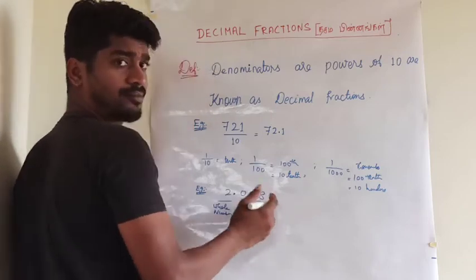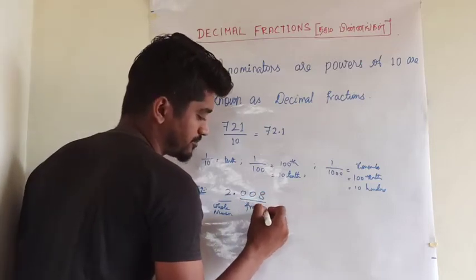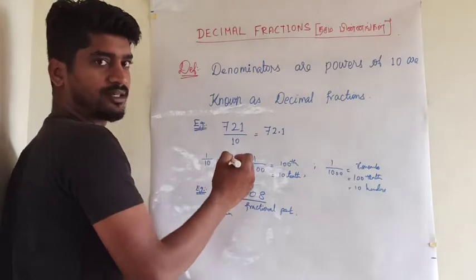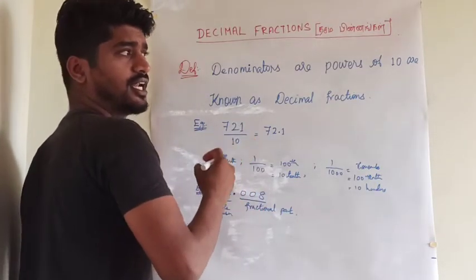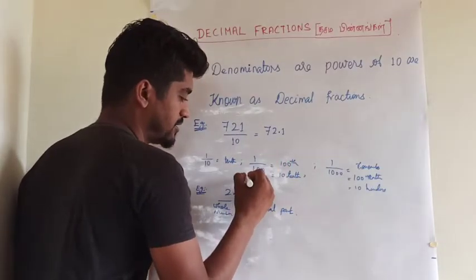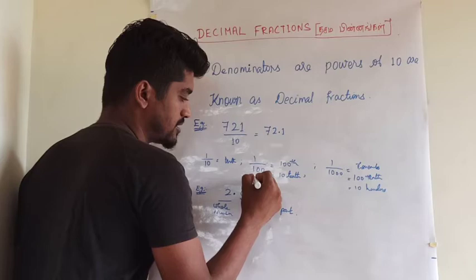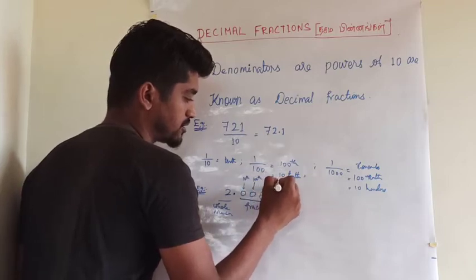After that point, the digits are the fractional part. After that point, the place values start from left to right. So this is a tenth, this is hundredth and this is thousandth.